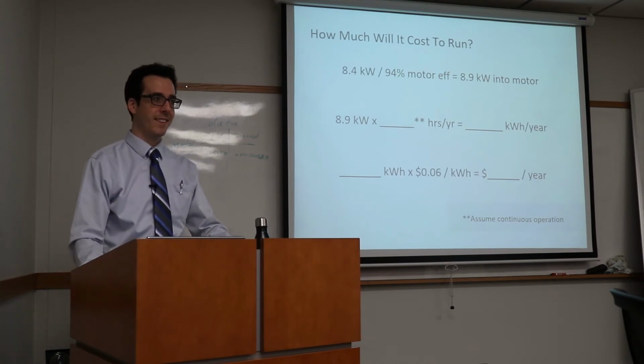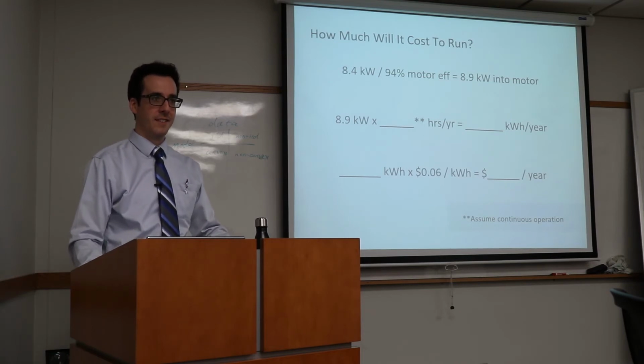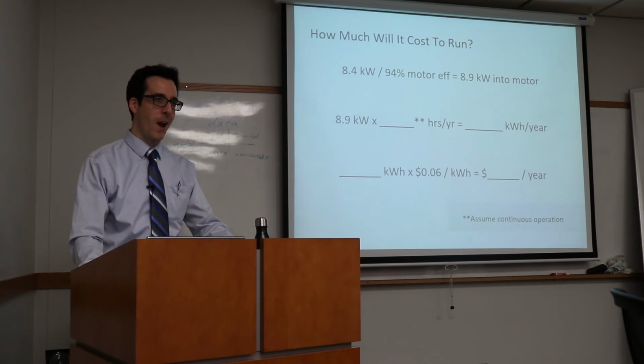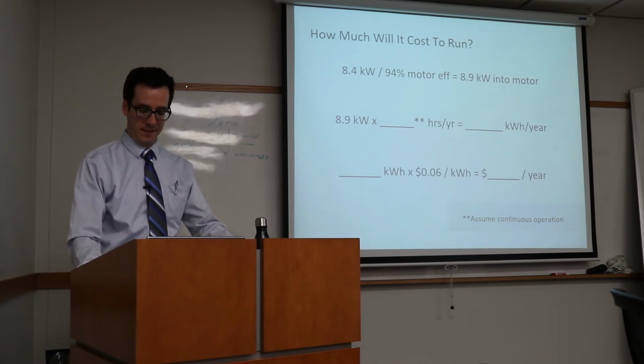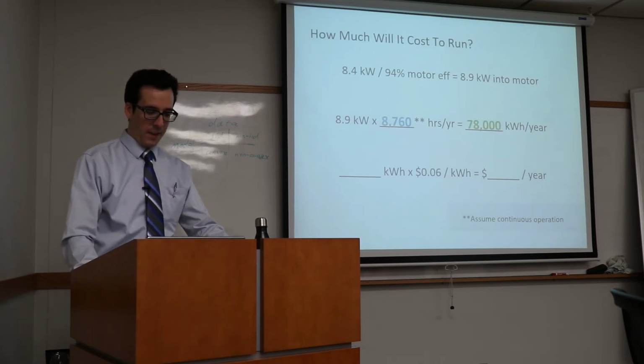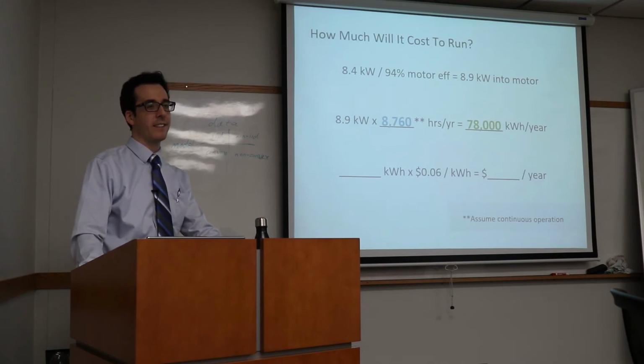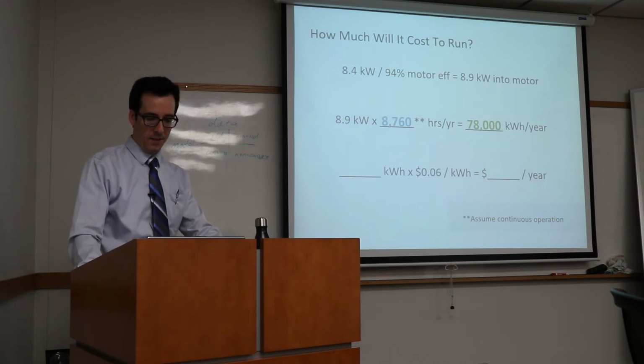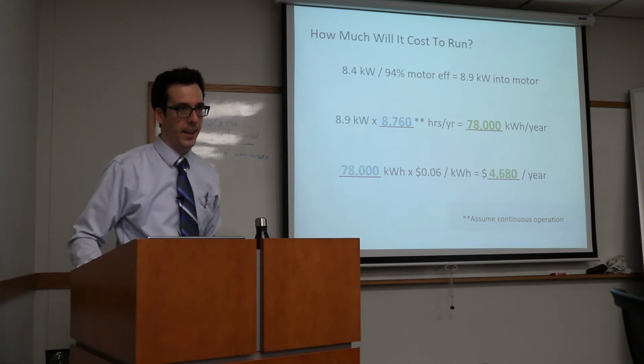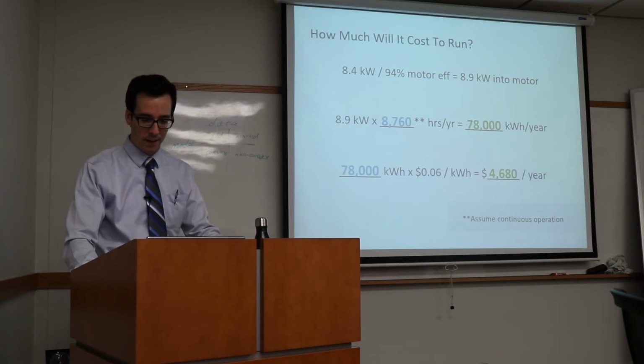We have a second witness for that value. We may be rounding a little bit. First of all, how many hours in a year? This is a good number to keep in your head. 8760. That gives us 78,000 kilowatt hours times 6 cents, we'll call it $4,680. There's a little bit of rounding there, that's fine.